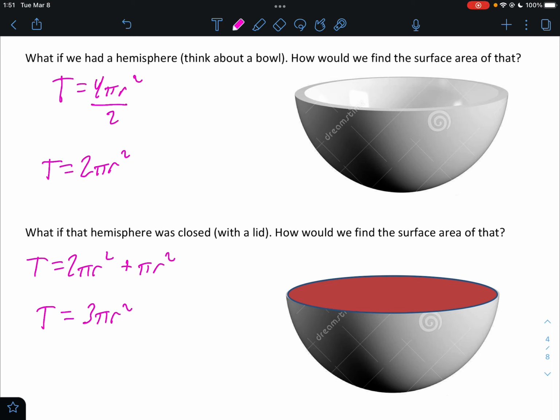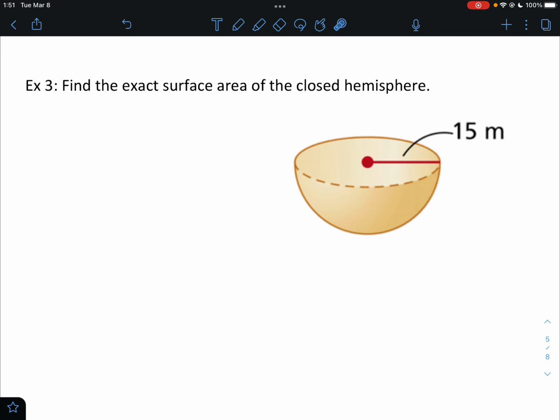So to sum this all up, the area of a circle is 1 pi r squared. The area of a hemisphere without a lid is 2 pi r squared. The area of a hemisphere with a lid is 3 pi r squared, and the area of a sphere is 4 pi r squared.